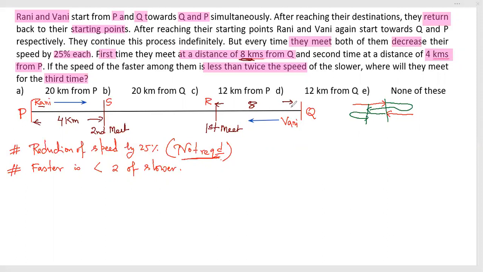It would be a face-to-face meeting. So that would be the information. This information gives us how much they have traveled: how much the faster one traveled, and how much the slower one traveled. After getting this information, we need to solve where they will meet for the third time.